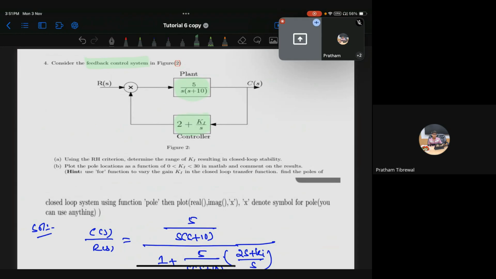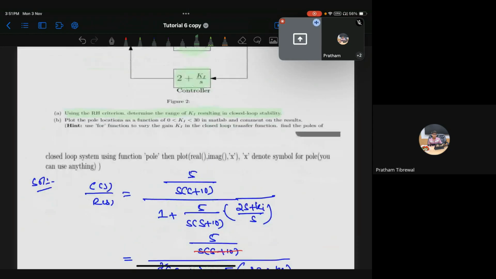Then the error signal is applied to the plant. Our question here is to find the range of Ki which gives us a stable closed loop system.